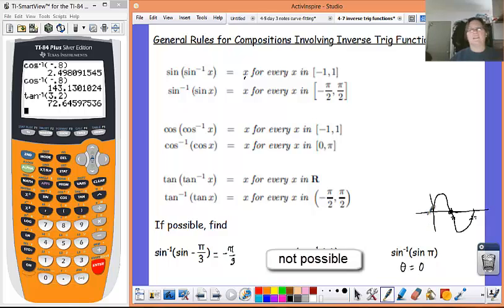I know that seems kind of odd, folks. The question said, find me the angle within this range whose sine is the same as the sine of pi. The sine of pi is 0, and the place in this range where the sine function is equal to 0 is when the angle is also 0. I know that's a little bit weird.